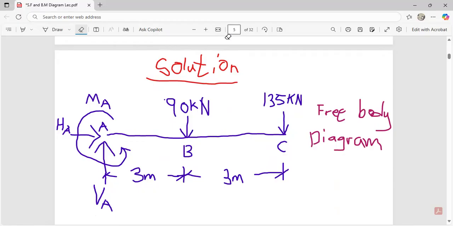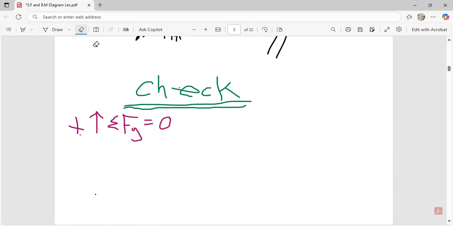All right, so this is where we are. First of all, I can see VA. And because it's moving upwards, it is positive. The 90 is moving downwards, so it becomes negative.